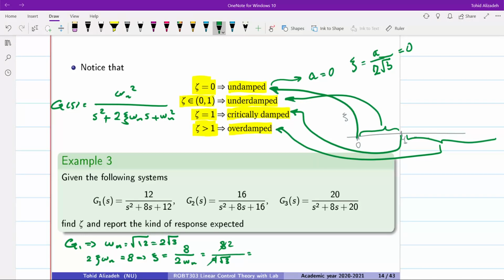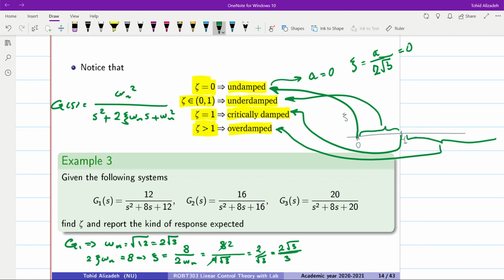So we will get 2 over square root of 3, or 2 square root of 3 over 3. If we get the exact value for this, we will have the final value for zeta, and based on that we can say that our second order system belongs to one of the categories.